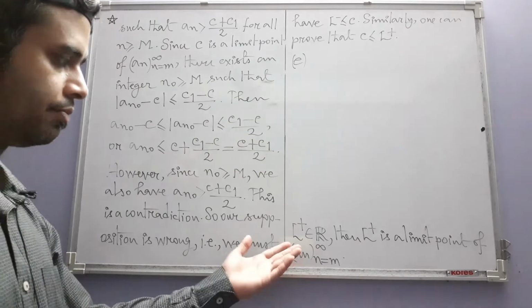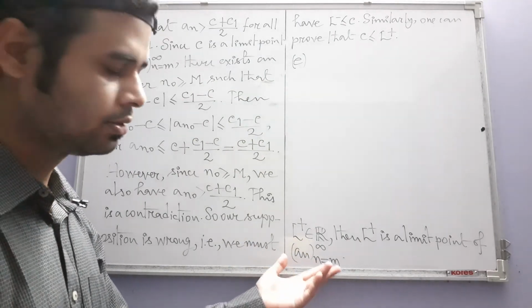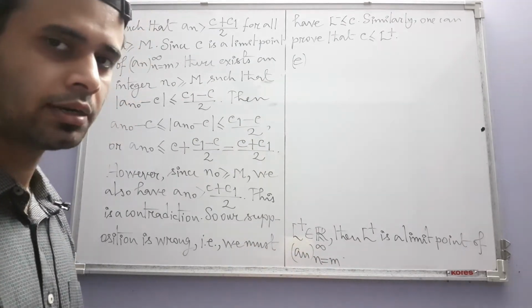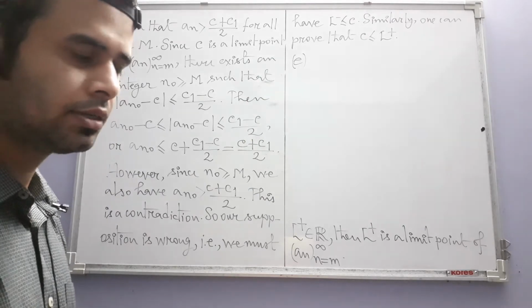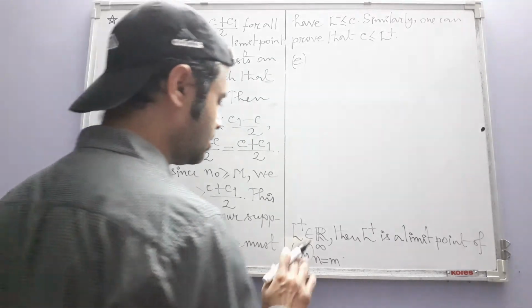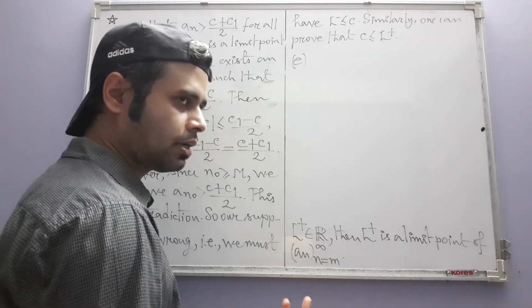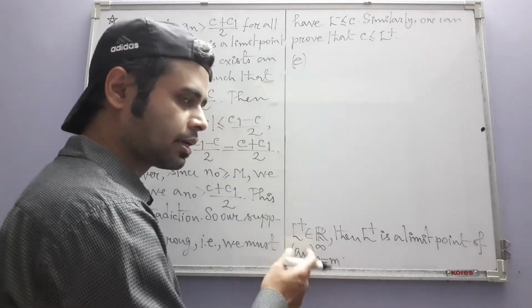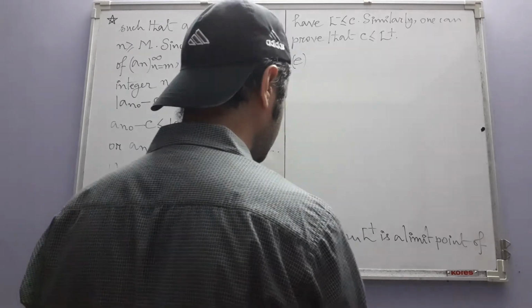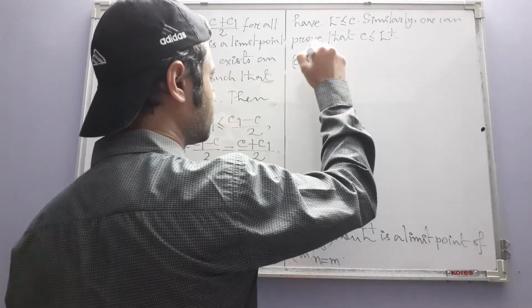Similarly, we have the statement for the limit inferior. If that is a real number that is finite, then it's also a limit point of the sequence. We are of course going to prove this one. If you want, you can prove the other one also and write similarly one can get this one. We choose to prove this one.